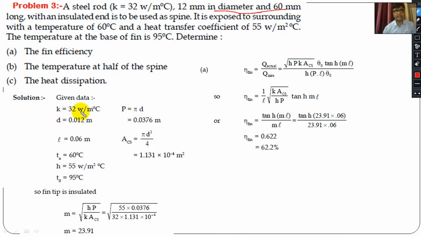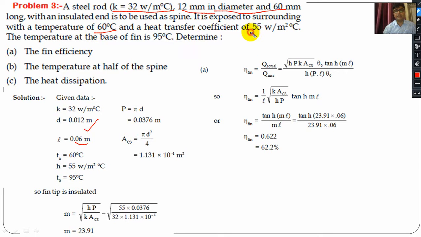The conductivity is given, and the diameter is given, 12 mm in diameter and 60 mm in length. Both things are given, and the ambient condition is 60 degrees centigrade.